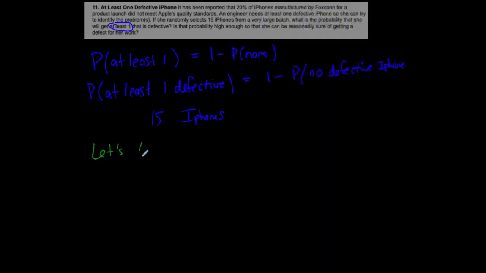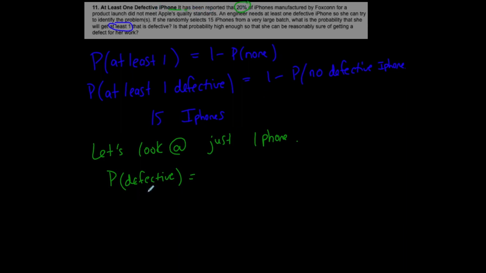So let's look at just 1 phone. Okay, just 1 phone. What is the probability that that 1 phone is defective? Well, let's see. It has been reported that 20% of iPhones manufactured by Foxconn or whatever for a product launch did not meet Apple's quality standards. That means they're defective. So 20% of them are defective.